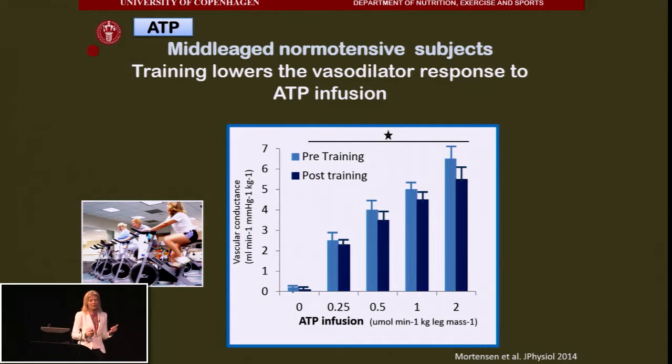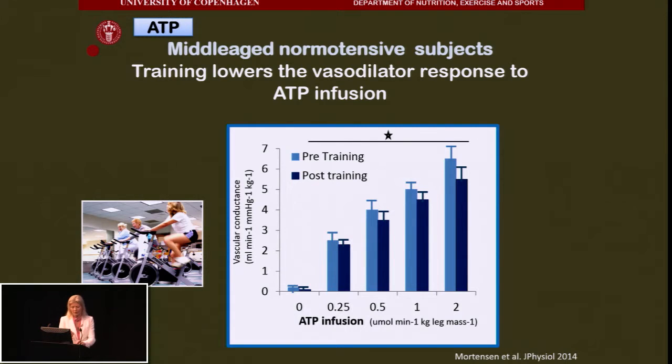What about the ATP system? Well, here we're looking at our normotensive subjects. We've trained them, and you're looking at the light blue here, which is the response, the sensitivity to ATP infusion at different concentrations, light before training and dark after training. And what you see here is actually a decrease in sensitivity to ATP.